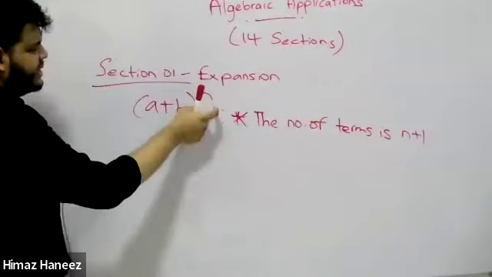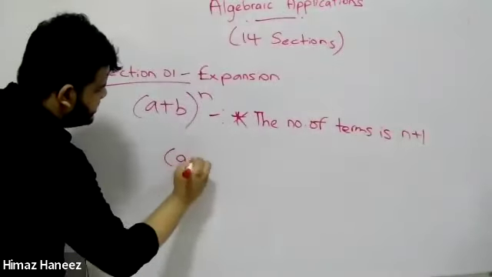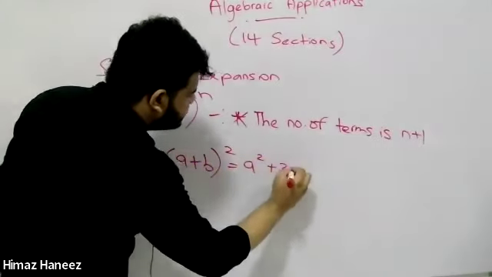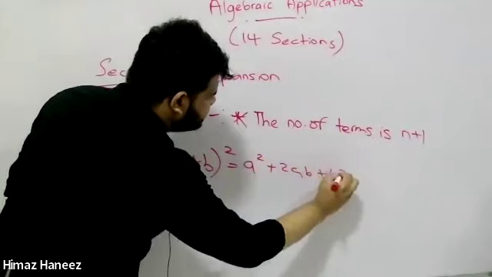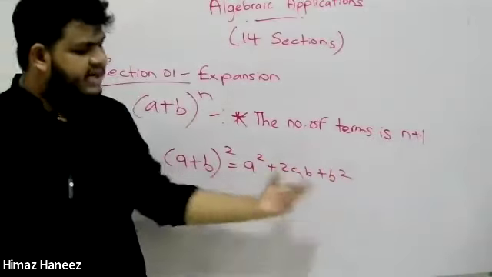If the power is n, the number of terms is n plus 1. Let me give a small example, a plus b, same thing. Can you tell me how many terms are there in this expansion? How many terms are there?